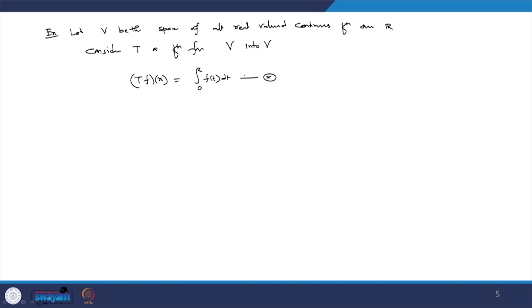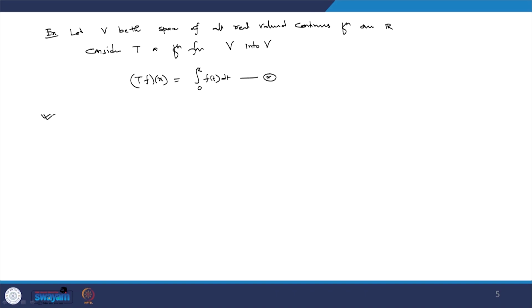If I define it like this, then this function T is a function from V into V and it is also a linear transformation. In fact, it is a linear operator because V equals W.